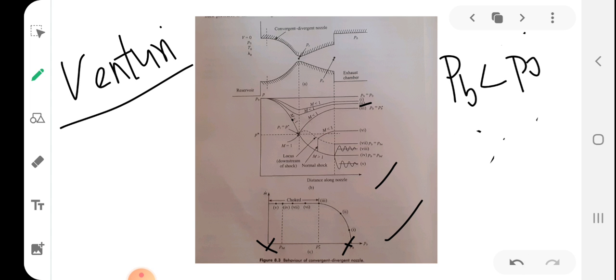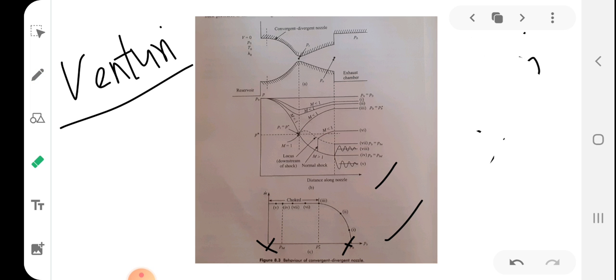So pressure slowly decreases up to the throat, and after the throat it acts as a diffuser, so again pressure increases. So still the passage acts as a Venturi.